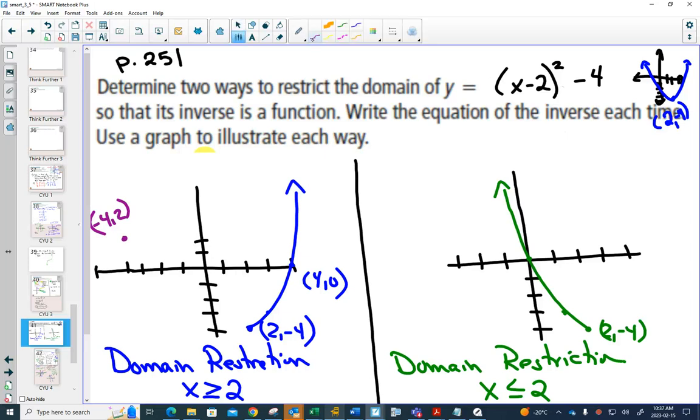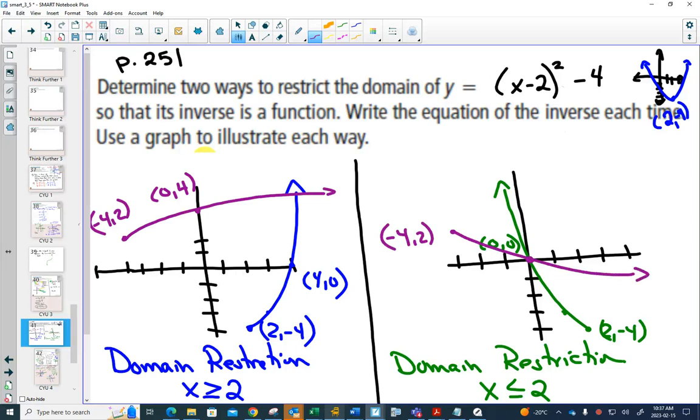If I switch x and y, on this one, I'm going to have 0, 4. On my second one, if I want to show the inverse graphically, on the second one I have -4, 2. That's still going to be the same. But I'll also have 0, 0.